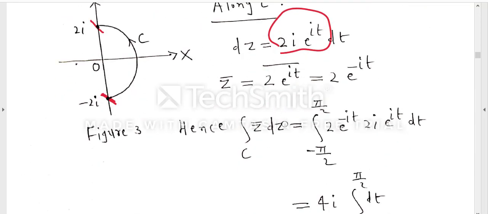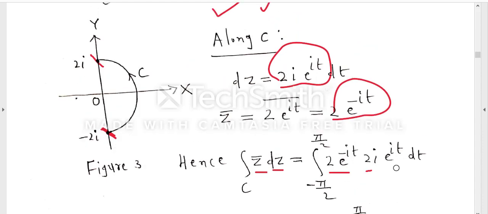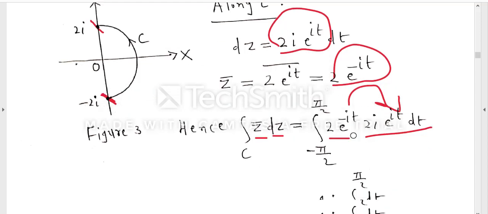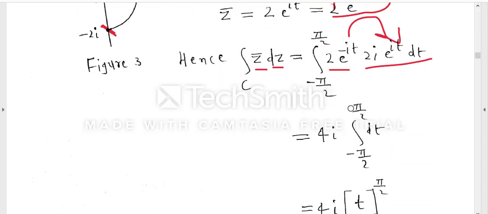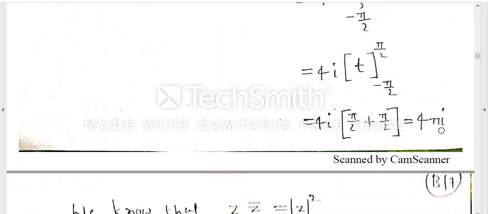Put all this in terms of t here. Everything is converted in terms of t. z bar is 2 e raised to minus it, dz is 2i e raised to it dt. This is going to be 4i times the integral of 1 from t equal to minus pi by 2 to pi by 2, e raised to 0 being 1. So you will obtain 4 pi i.